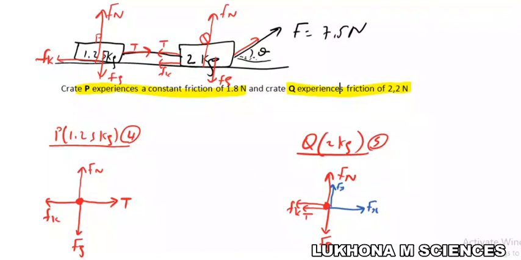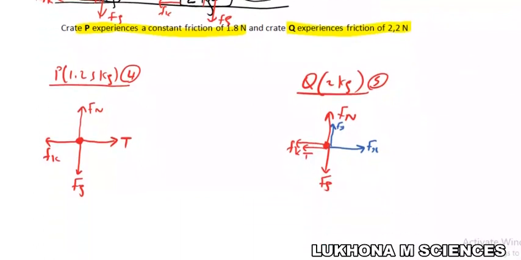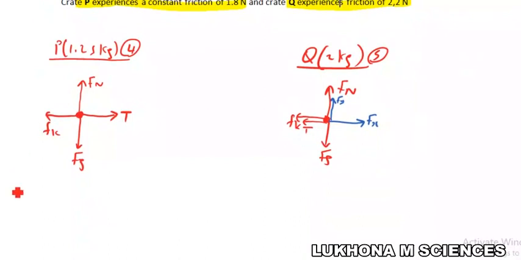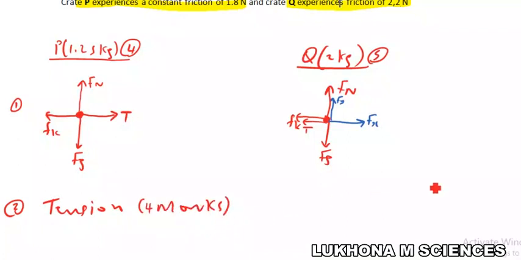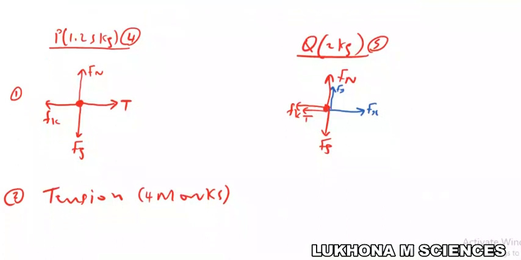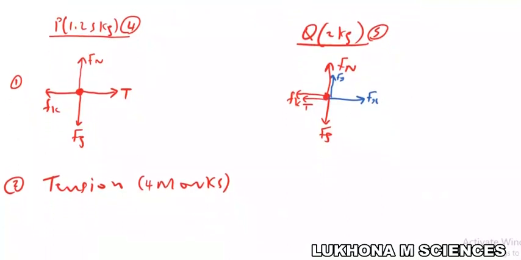Then the second question after the free body diagram was to calculate the tension in the string, and it was 4 marks. This one is very easy when you already have your free body diagram.